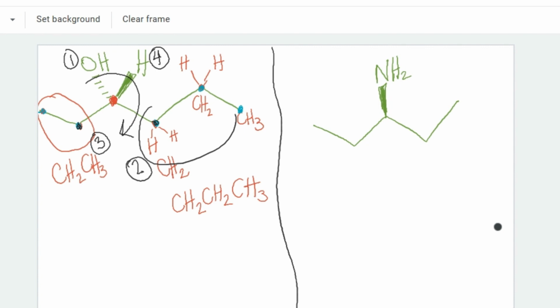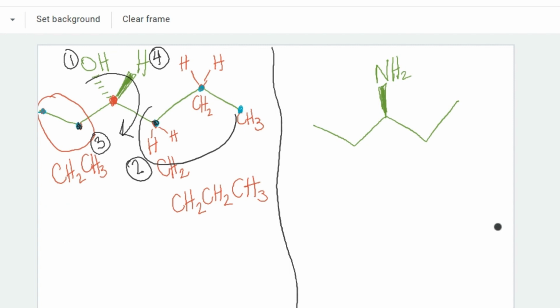Before we determine whether it's S or R, we're going to look at the 4th priority. We see that the 4th priority is coming towards us. It's coming out of the page, out of the screen in front of us. And because it's doing that, oh my gosh, we have to reverse whatever our configuration is.